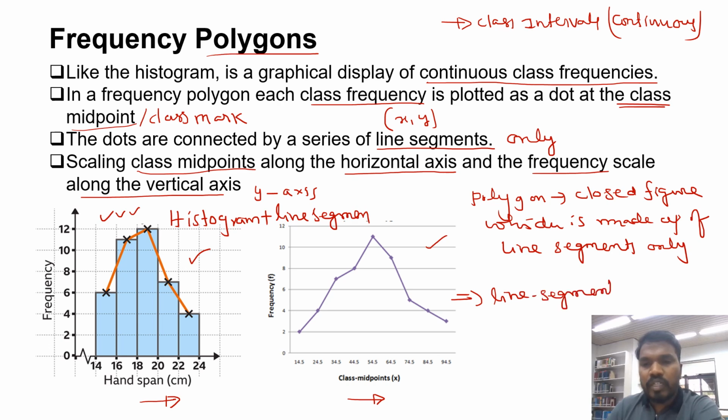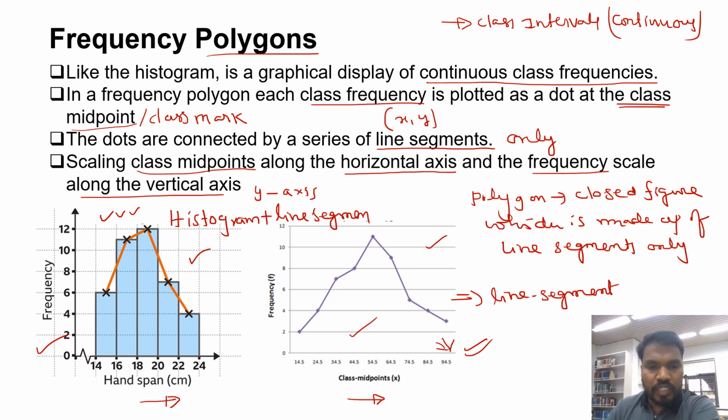Whenever you are constructing frequency polygons, you can follow this method or this method. Generally, after getting good practice, we use this one only. We directly construct the line segments instead of constructing the histogram and then going for the frequency polygon.